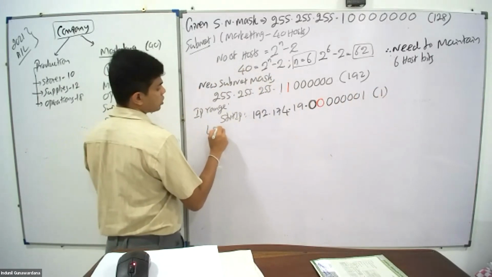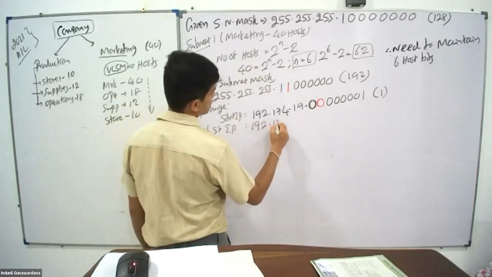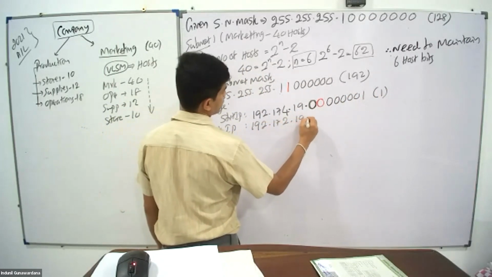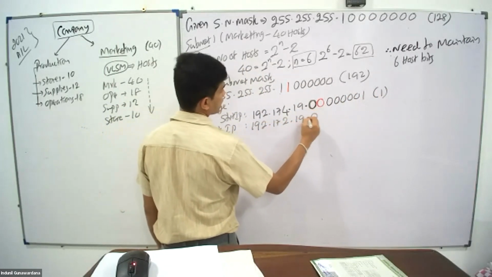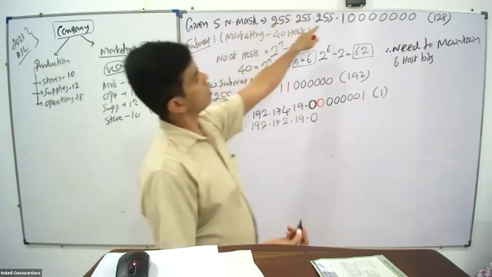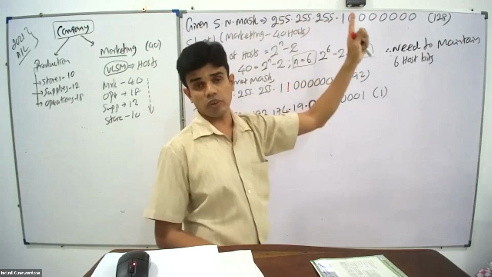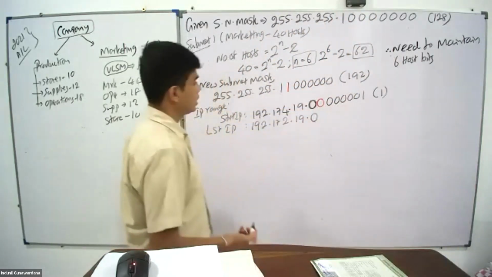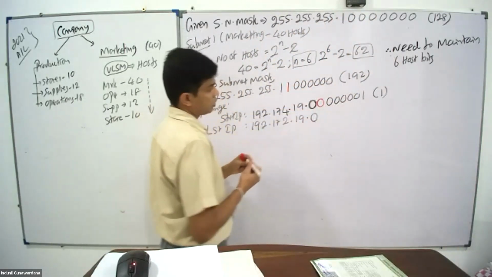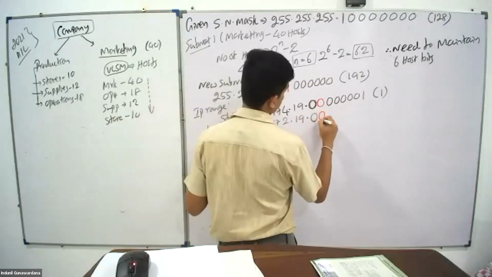Then the last IP is going to be, the network remains the same. From the network, we said that there are 25 network bits, so up to 25 is going to be the network. Then since it is the first subnet, I have to maintain the subnet bit at 0.